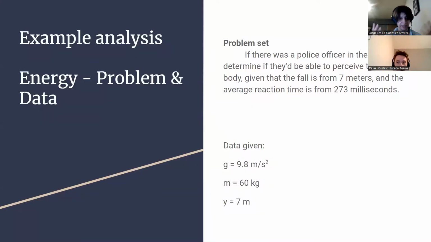Before we continue, I need to establish that the reason the fall is from 7 meters is because each floor has an altitude of 3 meters, and we're just adding another meter due to the white fence. Thank you. The data given is gravity, equal to 9.8 meters per second squared. The mass has been mentioned before, and it's equal to 60 kilograms. And the height, as mentioned in this part of the problem, is 7 meters.